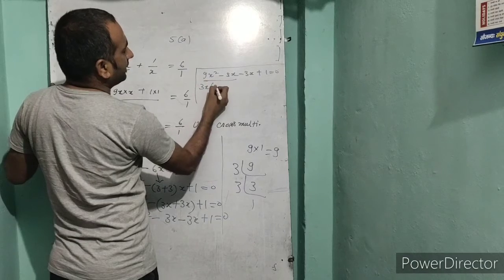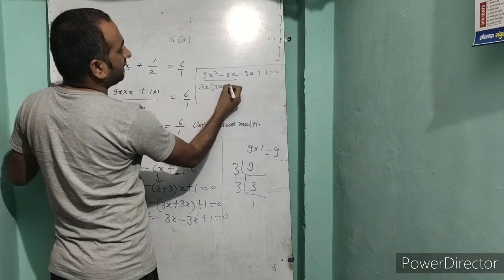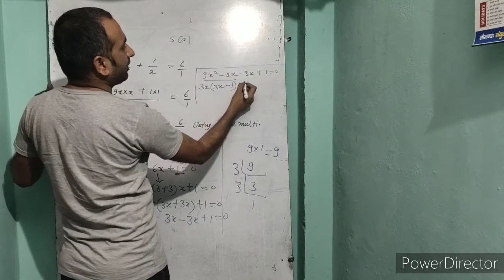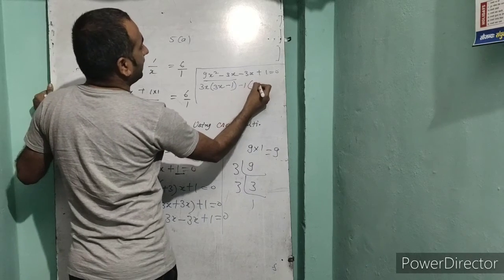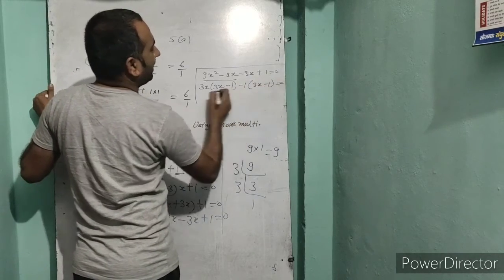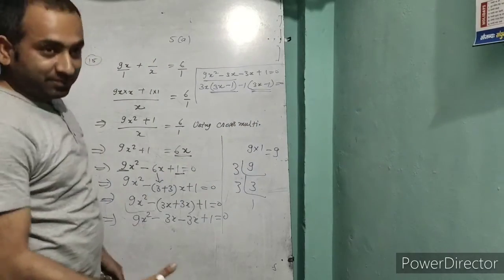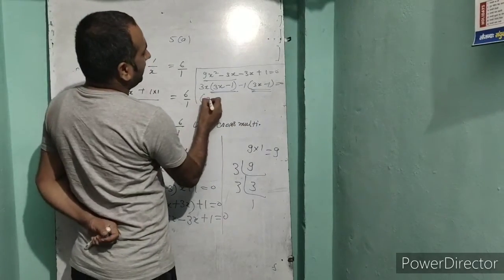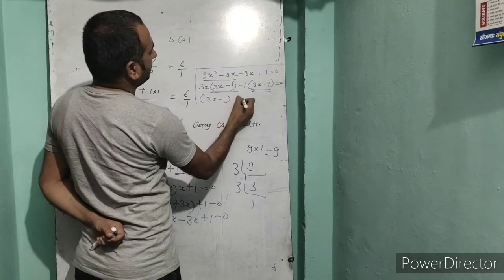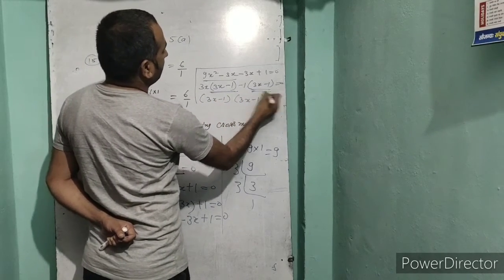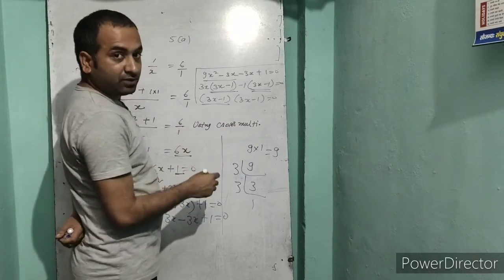So 3x into 3x is 9x square, and minus 1. And what is common here? We have to take the common factor. So it is 3x minus 1 equals 0. Every time you see here, these terms are common. So what we will get is 3x minus 1 and again 3x minus 1 equals 0.